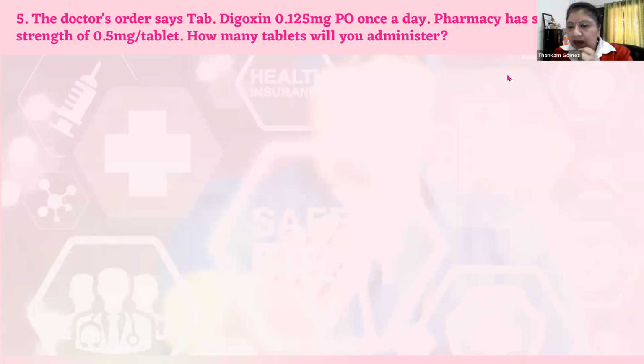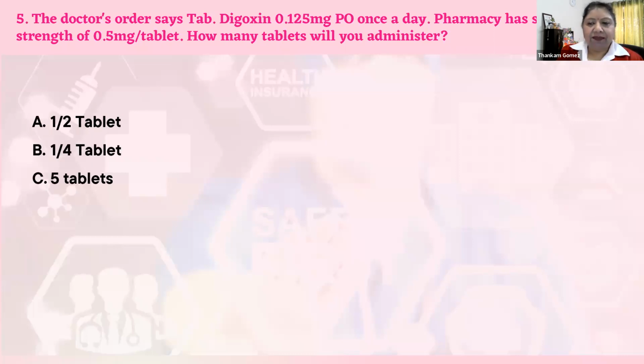Okay, thank you, Hannah. I saw the answer there, 1/4. Okay. Nice to see some answers coming very quickly. So why did I put this question here? You all will be surprised that I had a nurse who was going to give 5 tablets.